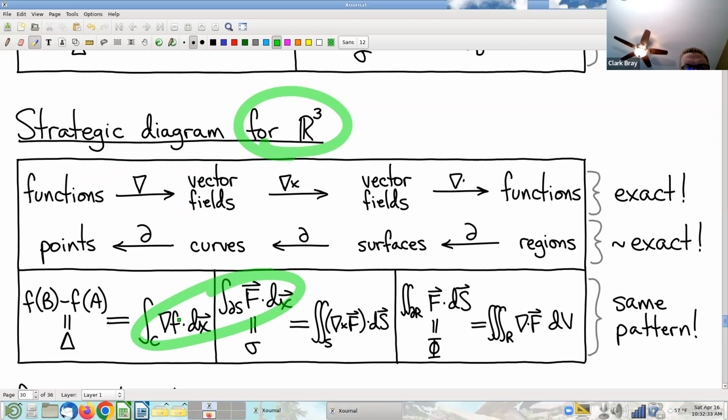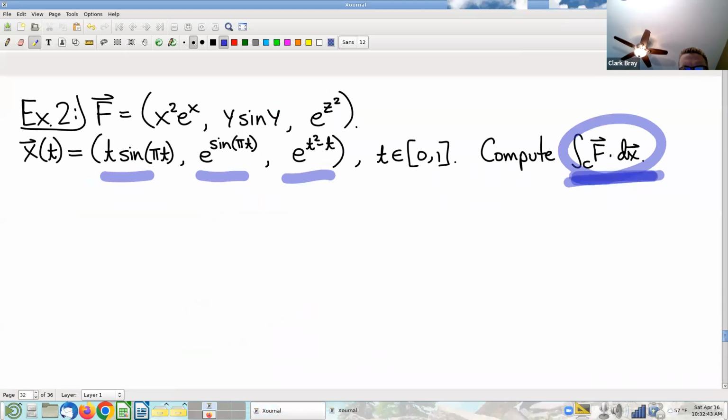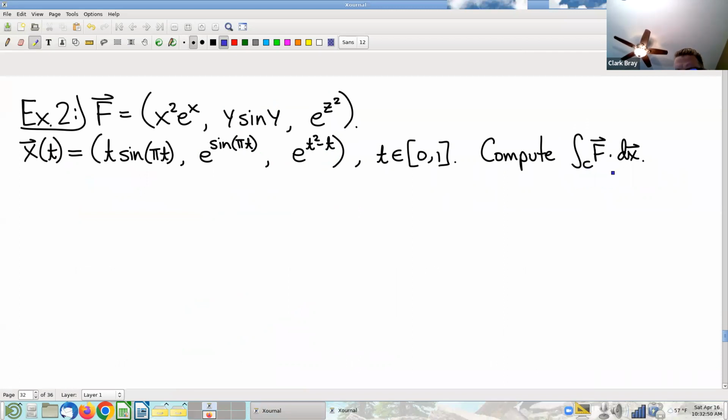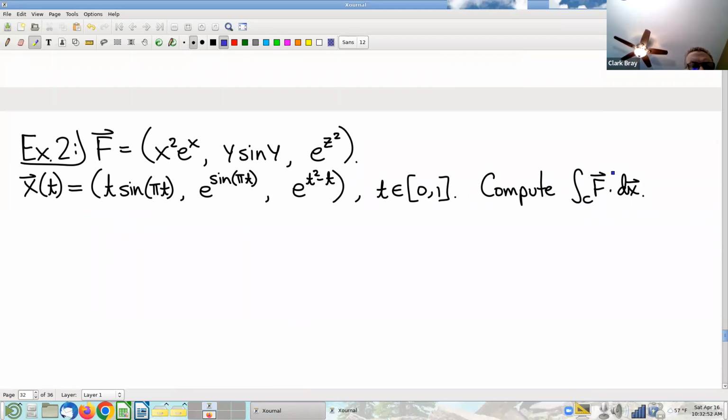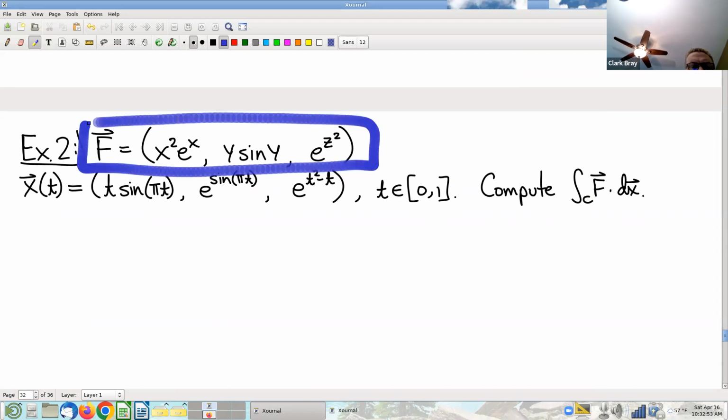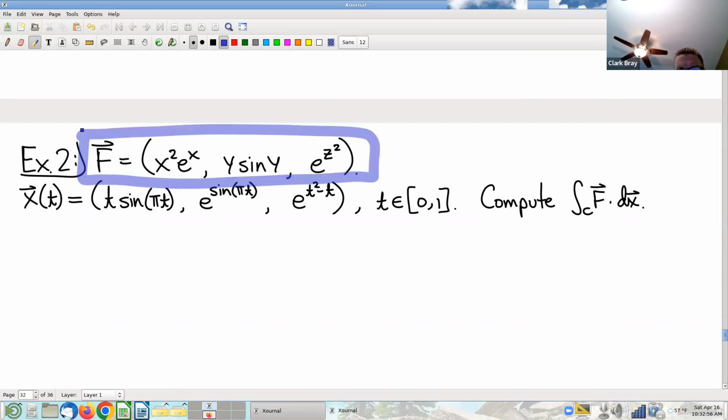In order to decide if there's an anti-gradient, I should take the vector field I'm given and compute the curl of it and see what I get. I'm about to compute the curl of this vector field, though super fast, because there's an easy observation to make.